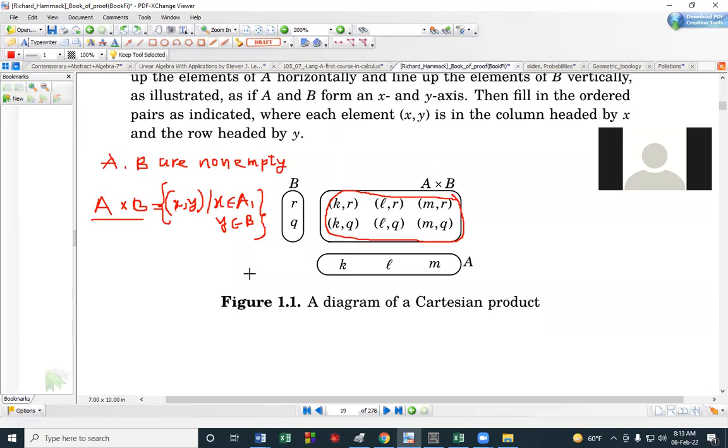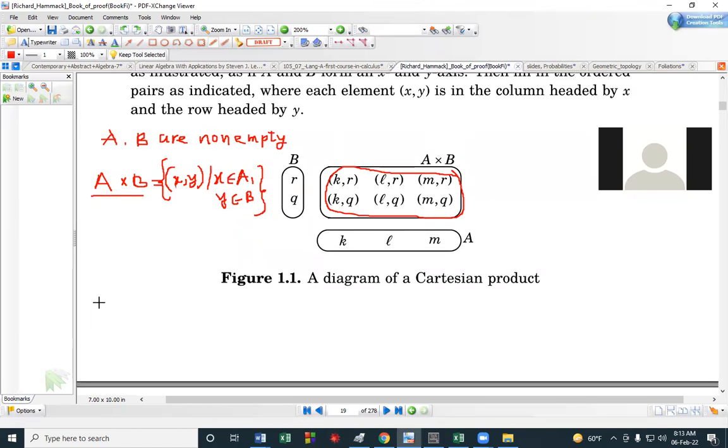Similarly, you can extend this definition for more than two sets. A cross B cross C. Again, we are assuming A, B, and C are some non-empty sets. Guess what would be the definition?